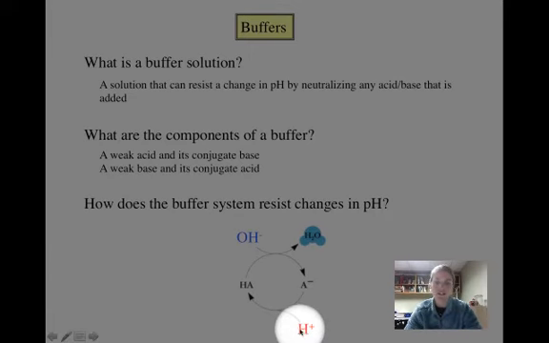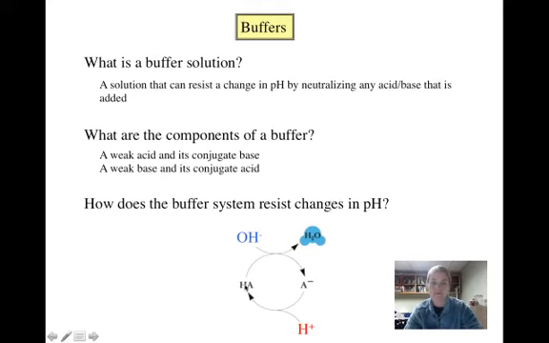You can see here that the acid, the H+, would combine with the A-, the conjugate base, in order to make HA.